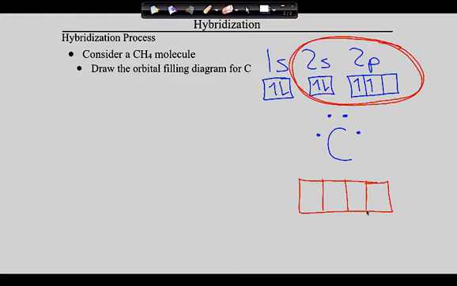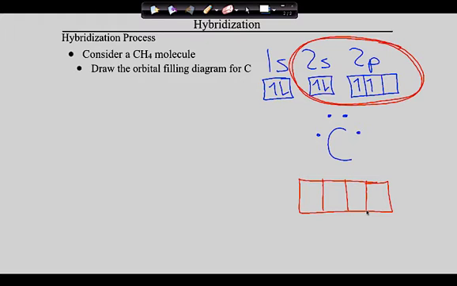The idea is the s orbital and the 3 p orbitals marry together and create hybrid orbitals. Now here's the rule. You get out as many hybrid orbitals as atomic orbitals went in. So if you put in one s orbital and 3 p orbitals, you get 4 orbitals out.